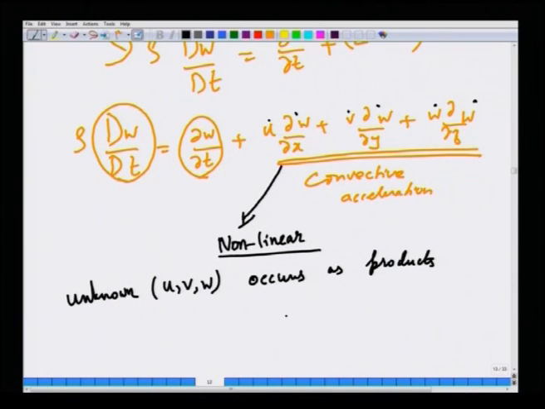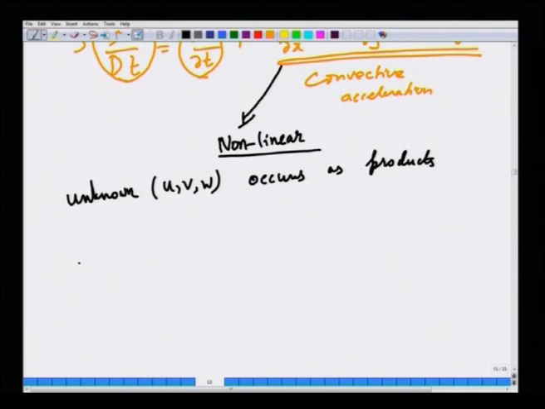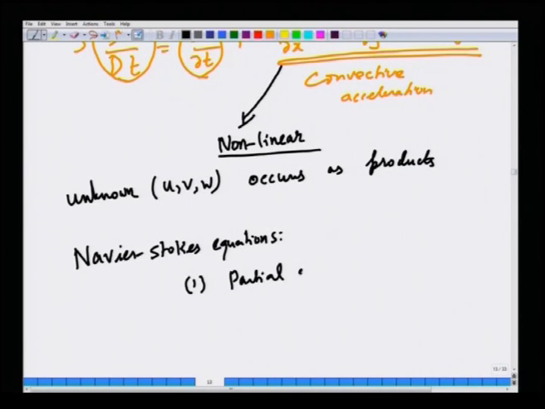So, the Navier-Stokes equations are partial differential equations, because you have partial derivatives. Okay. These are PDEs as they are called.